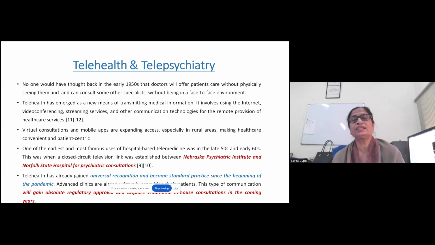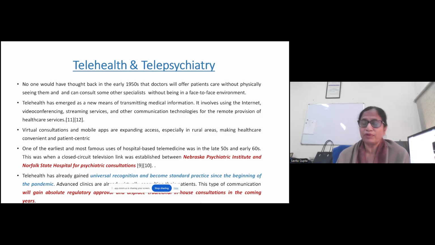Now telehealth has emerged as a new means of transmitting medical information. How is this telehealth possible? It involves the use of the internet, video conferencing, streaming services, and other communication technologies for the remote provision of healthcare services. It is very useful, because in rural areas, specialist doctors are not available, and moreover, rural area hospitals are not equipped with specialized high-end healthcare facilities.